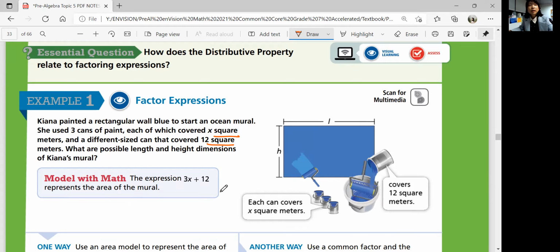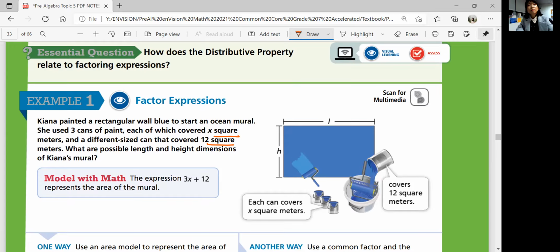The expression 3x plus 12 represents the area of the mural. Why? Because she used 3 cans of paint, and so that's going to cover x square meters. And then she used a different size can to cover 12 square meters.